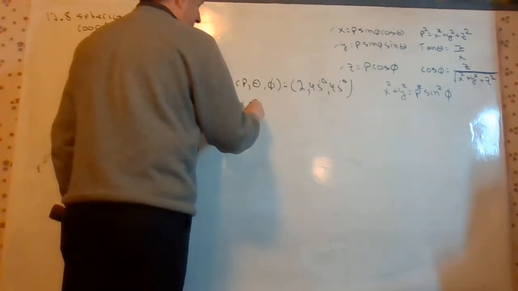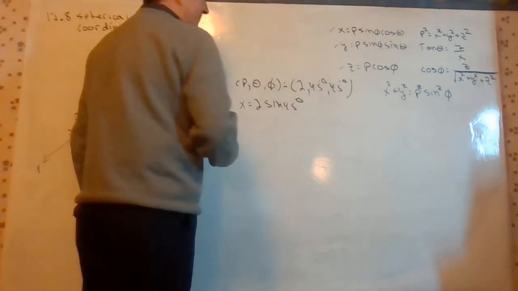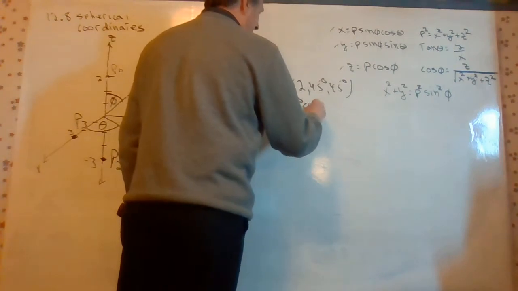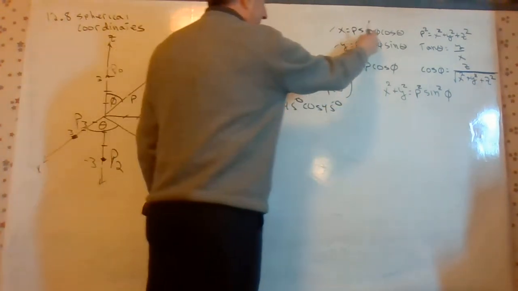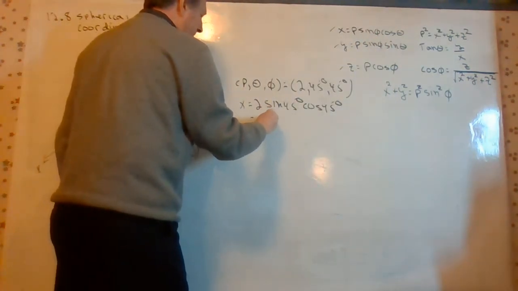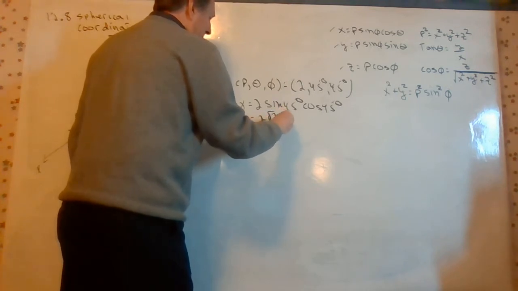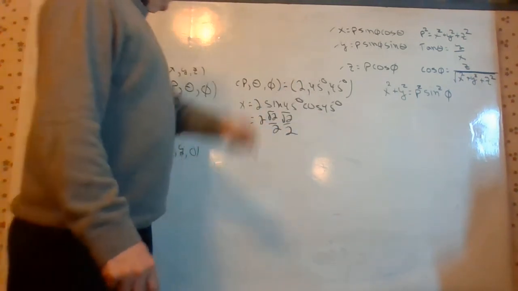X equals 2 sine 45 cosine 45. We simply put 45 and 45 in. Okay, square root of 2 over 2, square root of 2 over 2.